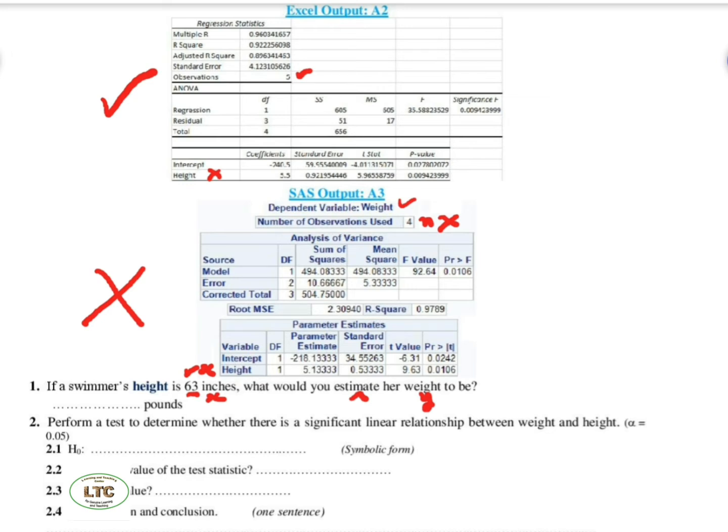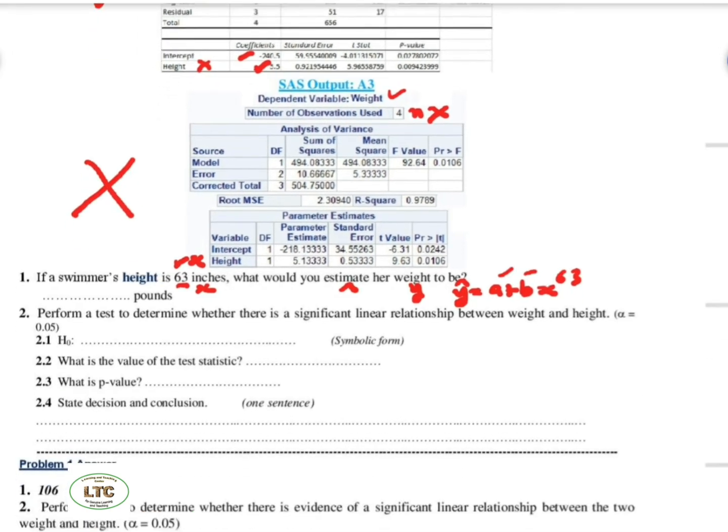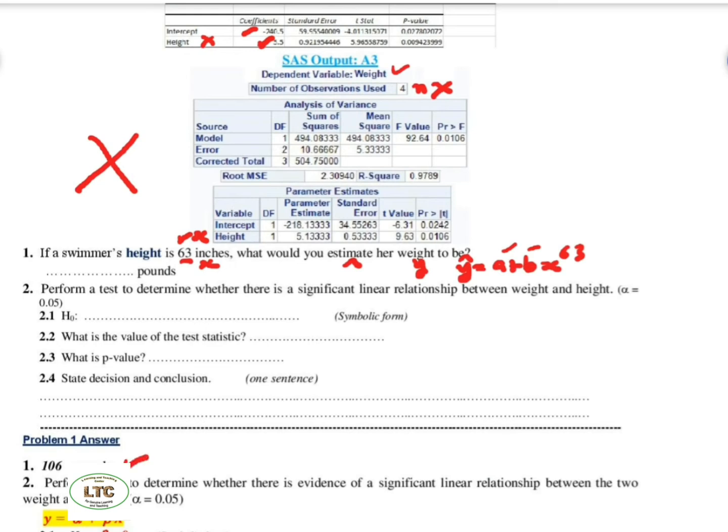So Y hat is A plus BX, X is 63, B is 5.5, A is negative 240.5. So now you can compute and put the answer here: 106 pounds.